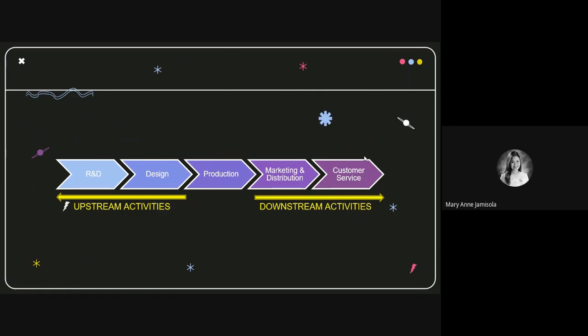Now, there are also some industries with low upstream activities but with high downstream activity costs. Examples are products related to pharmacy, legal drugs, then cosmetics.